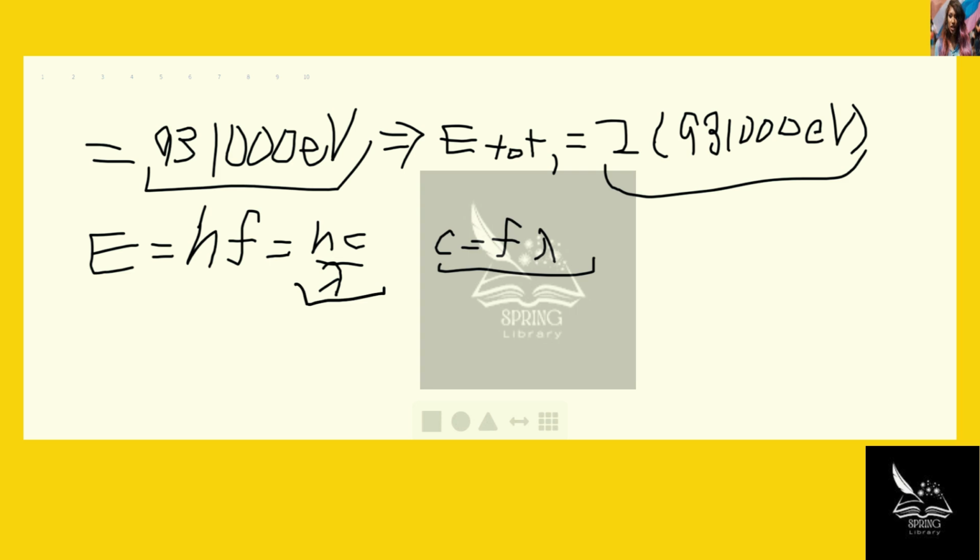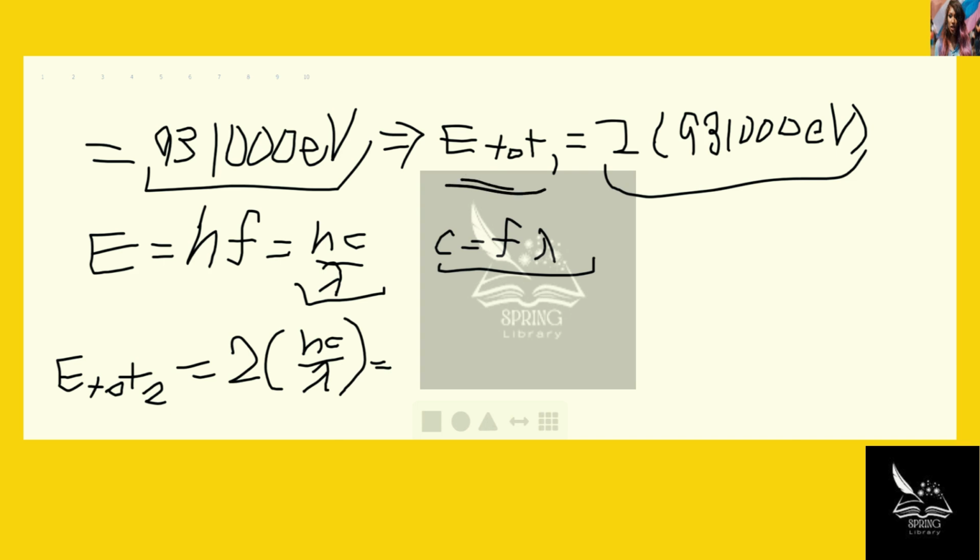We have two photons, so E total 2 is equal to 2 times hc over lambda. And that has to be equal to E total 1 through energy conservation, so 2 times this big number here.